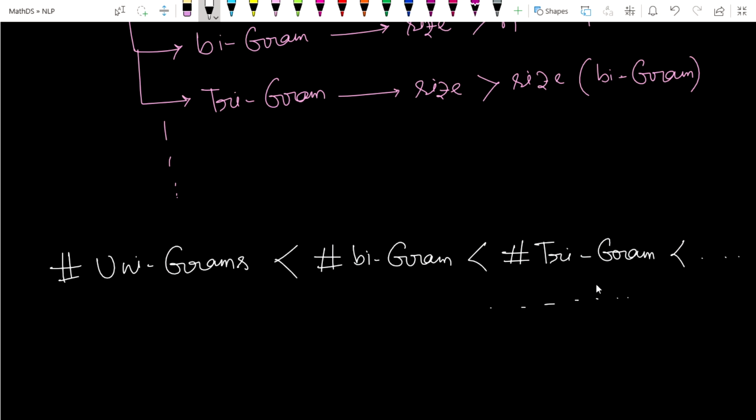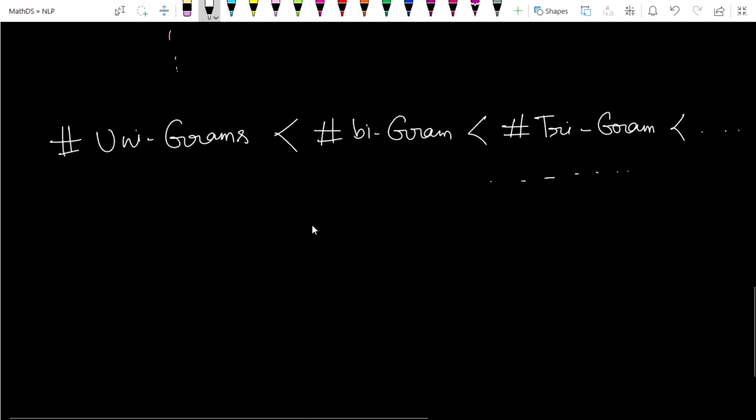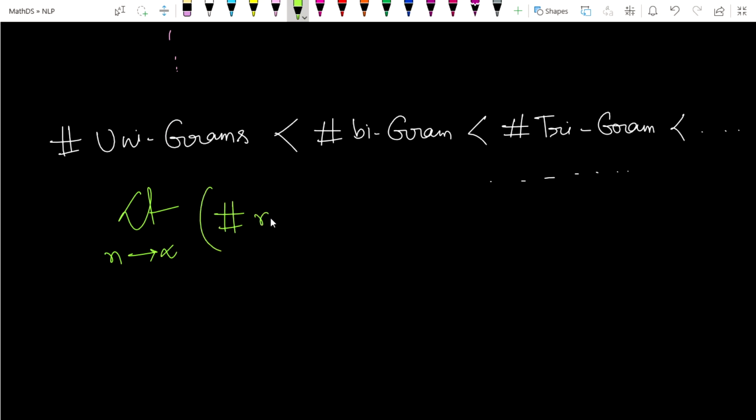As we increase n, the size increases dramatically. So we can conclude that if we increase n, the size of the n-gram tends to increase exponentially, toward infinity.